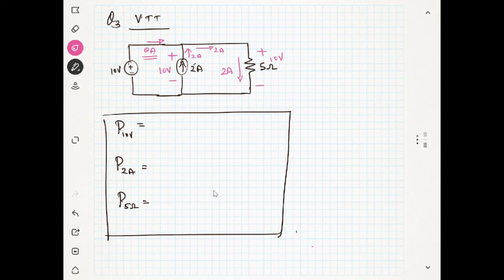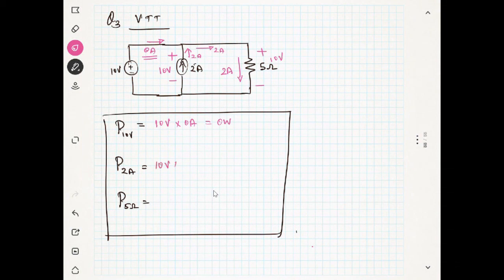It's a very simple circuit. Now what will be the power for 10 volt? It is 10 volt multiplied by 0 ampere. It will be equal to 0 watts. So this guy is not delivering the power, not absorbing. He is just sitting idle, not doing anything. Now what about the power across the 2 ampere current source?